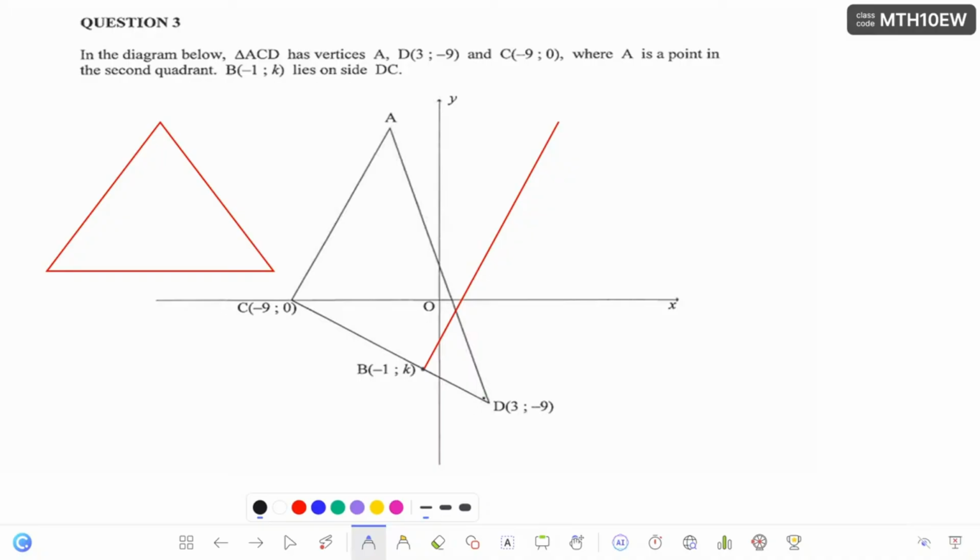So since this angle is common to both triangles, and we know the ratio of this length and this length. So this one is 15, the other one is 5.